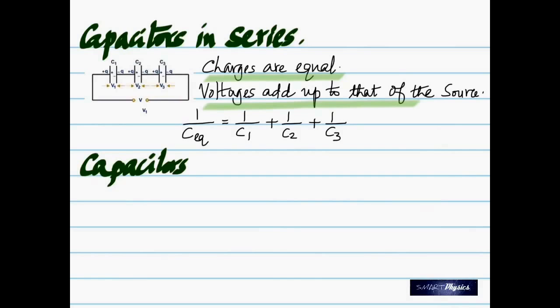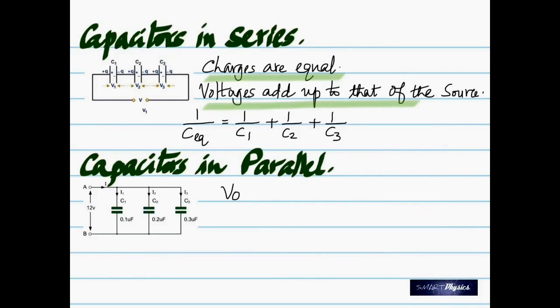But when you connect capacitors in parallel, the voltages across them are going to be equal. As shown in this diagram, the voltage across C1, C2 and C3, all three of them, is going to be 12 volts, which is the voltage of the source.